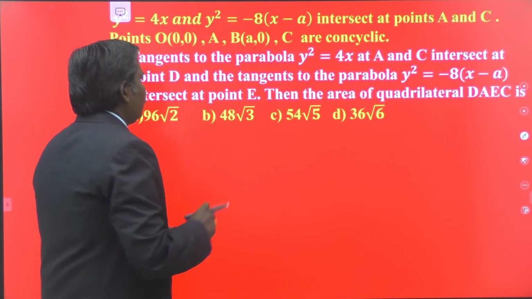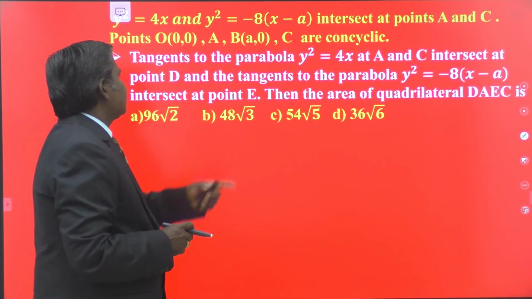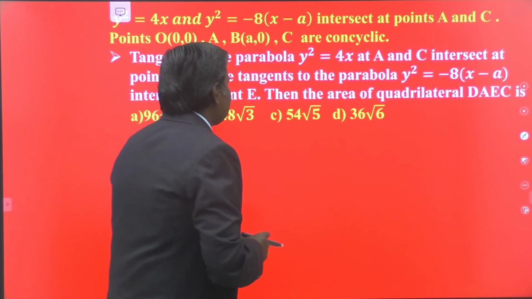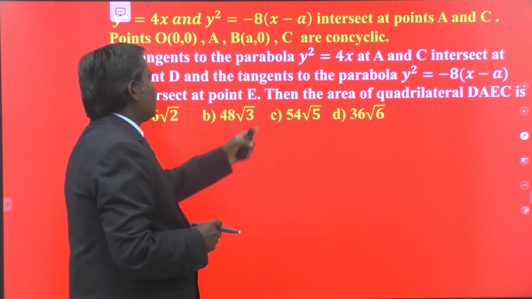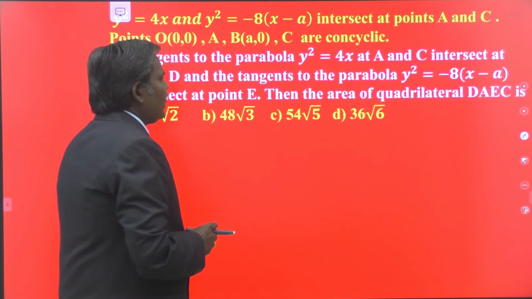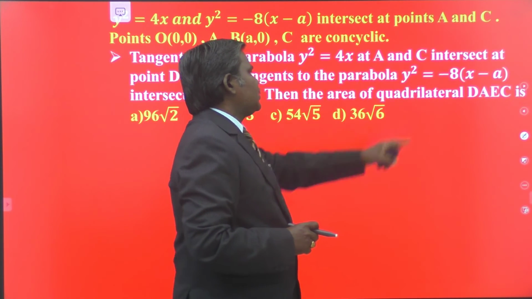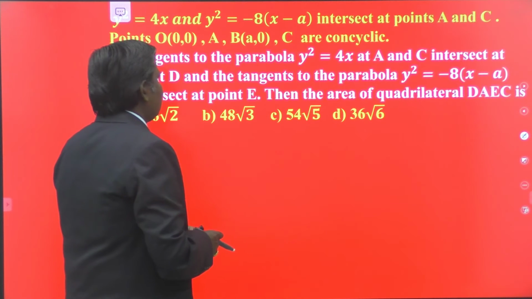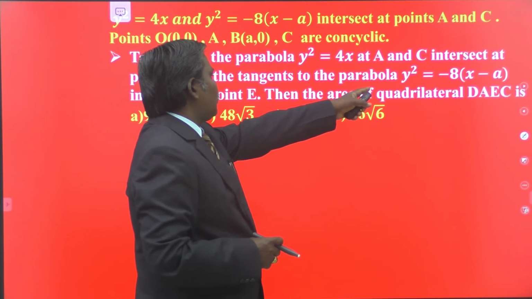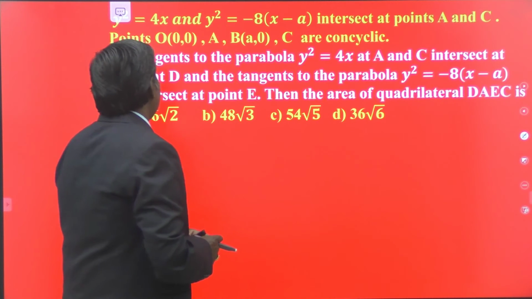Tangents to the parabola y square is equal to 4x at A and C intersect at the point D, and the tangent to the parabola y square is equal to minus 8 times x minus A intersects at the point E. What is the area of the quadrilateral DAEC? So tangents are drawn at A and C, the points of intersection. They intersect at the point D, and the tangent to the parabola y square is equal to minus 8 times x minus A intersects at point E.